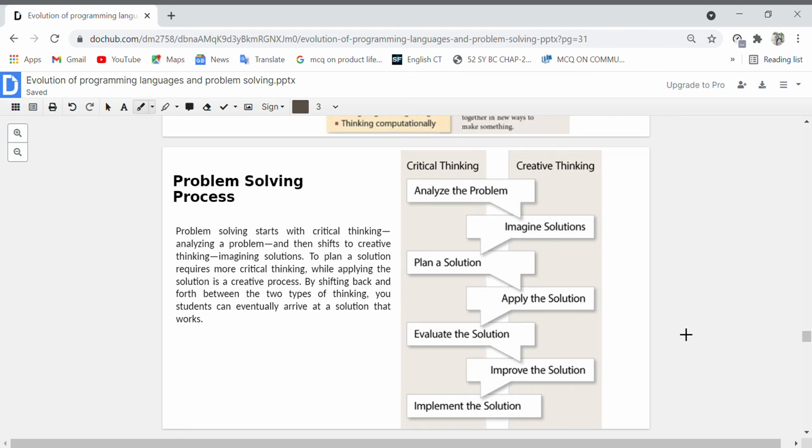Done. It's quite clear. Or I will write it over here.